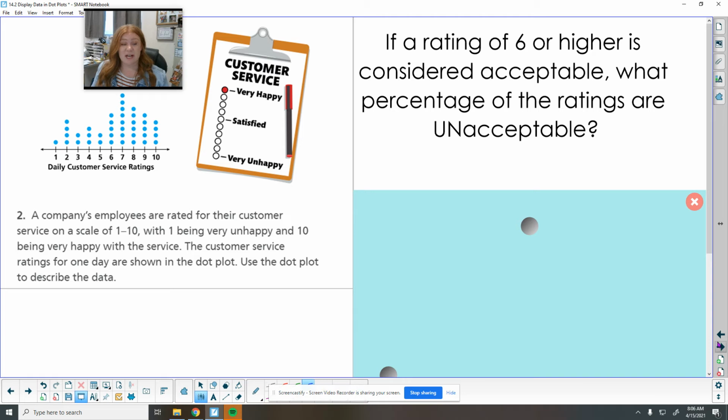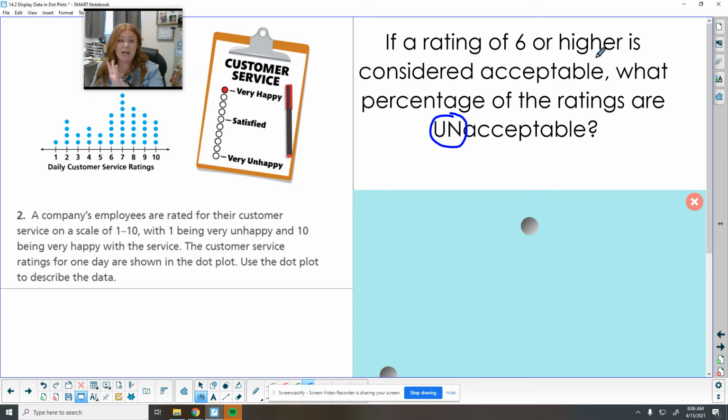Okay, so now we're going to try a little bit harder of a question here, and this will be good review for us. So if a rating of 6 or higher is considered acceptable, so they're like, oh, we'll take that. What percentage of the ratings are unacceptable? So they want to know how many are not good enough.